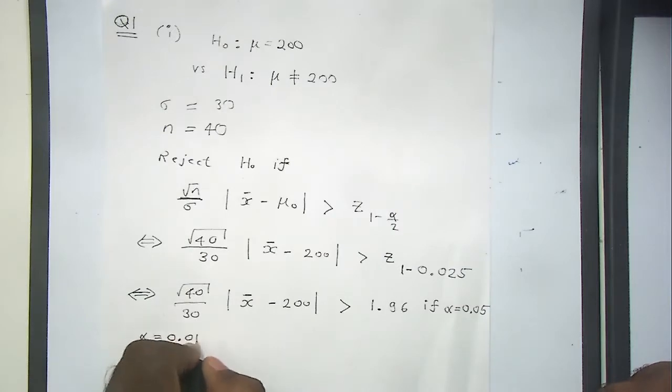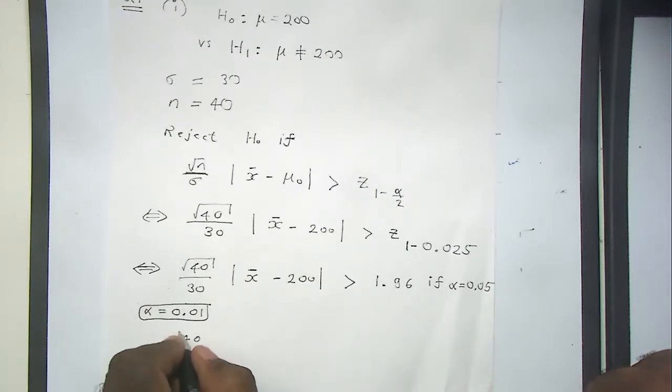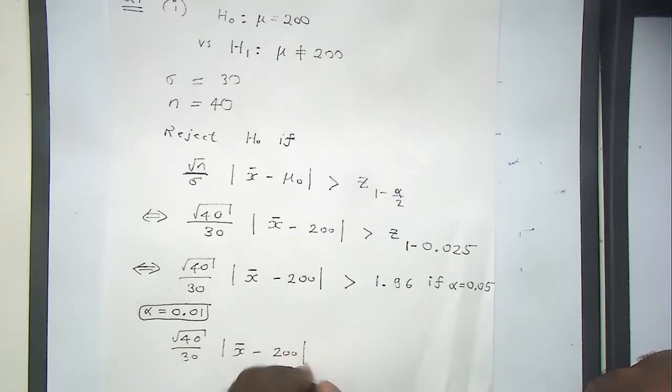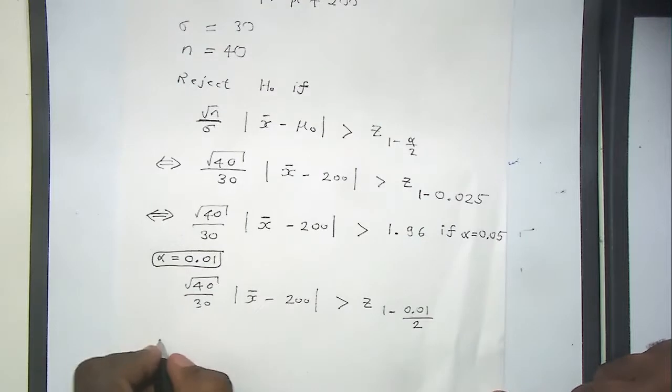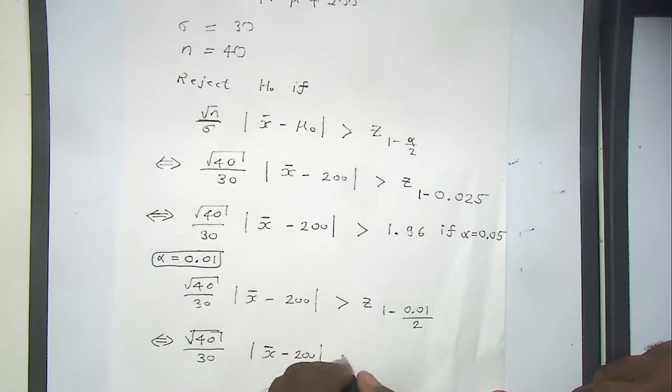Now, if alpha is 0.01, then you will have root of 40 divided by 30 times x bar minus 200 divided by z 1 minus 0.01 divided by 2, which is z 0.995.